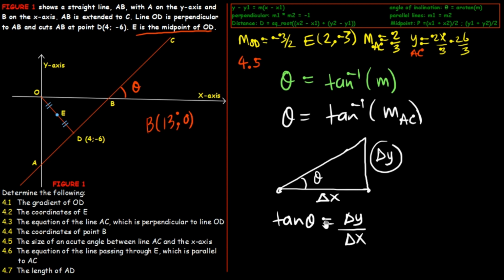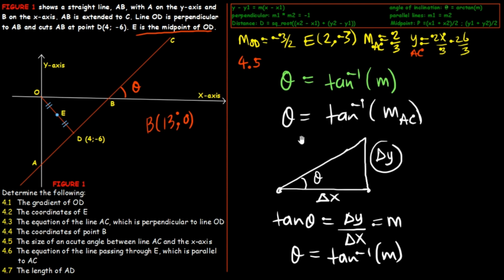So we use the ratio of tan, which is change in y over change in x, opposite over adjacent. Remember, change in y over change in x is gradient. So if we want to find theta, this is just equal to tan inverse of the gradient. In this case, the gradient is of this hypotenuse side, which is the line AC, hence we said the gradient of AC.